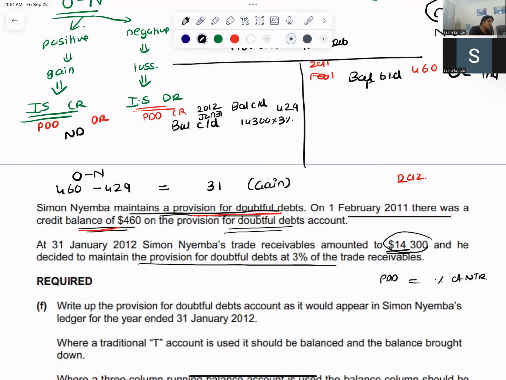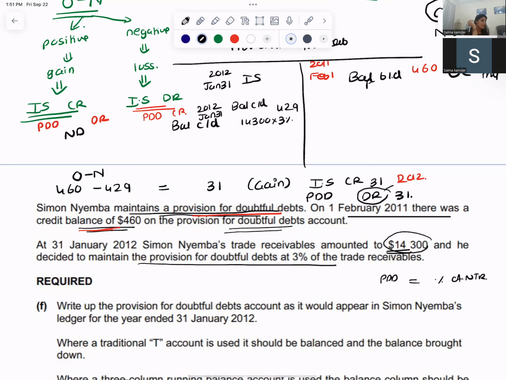So I will do income statement credit 31 and provision for doubtful debts debit 31. On the last date, Jan 31st, 2012, on the debit side of the provision for doubtful debts, I will record 31 and my provision for doubtful debts account will get tallied.